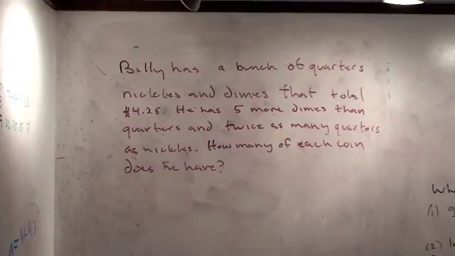Well, we can call the coins X, Y, and Z. Quarters are X, nickels are Y, and dimes are Z. Why don't you write that?